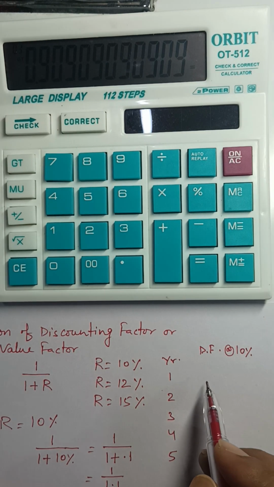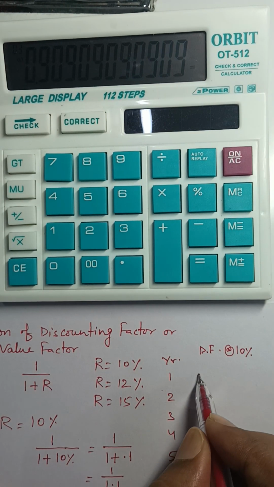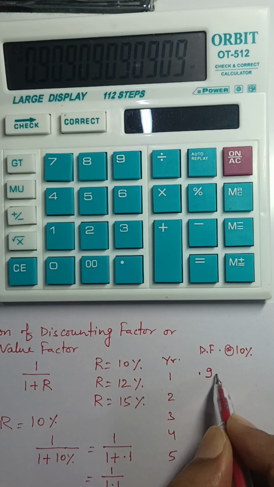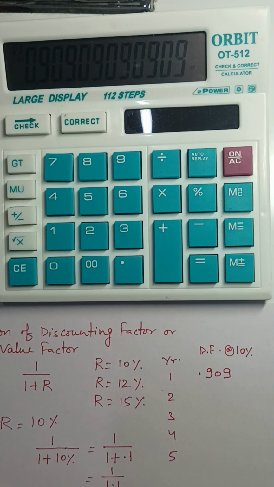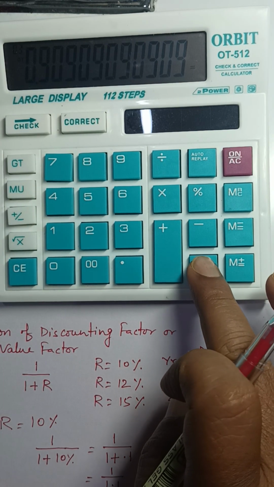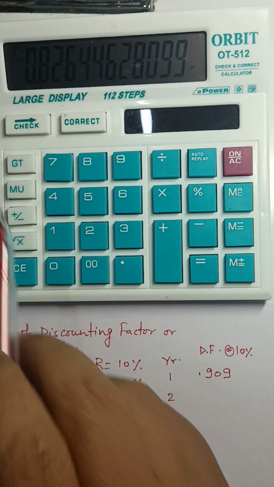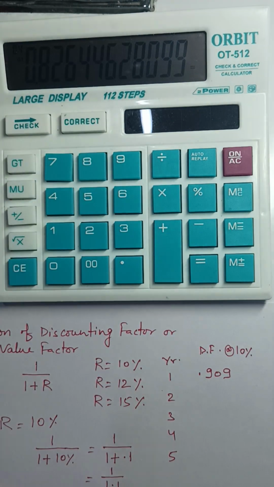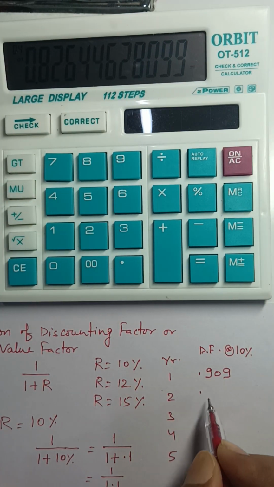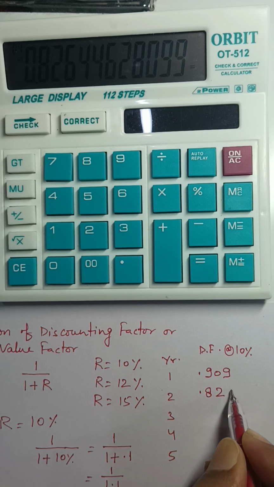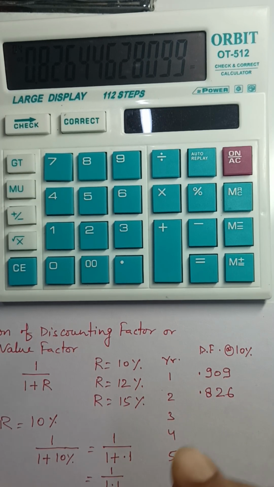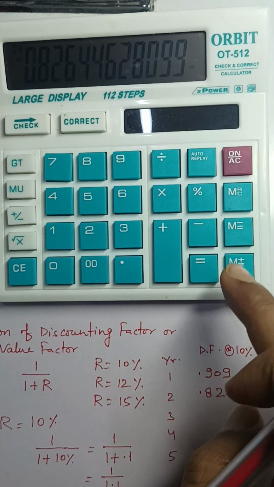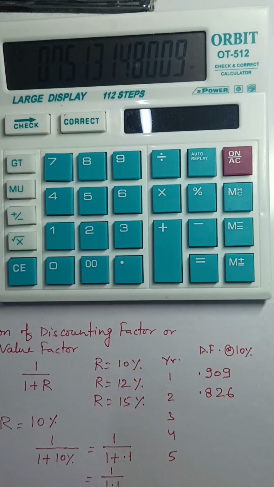So for the first year the DF value will be 0.909. How can you find it for the second year? I'll just press the equal sign a second time. Here I am getting 0.826. And for the third year I'll press the equal sign a third time.